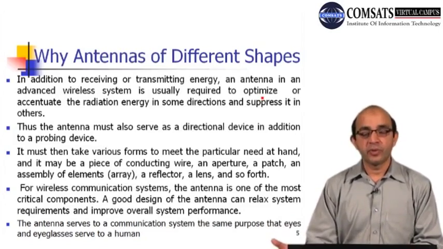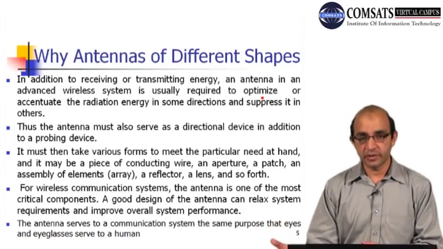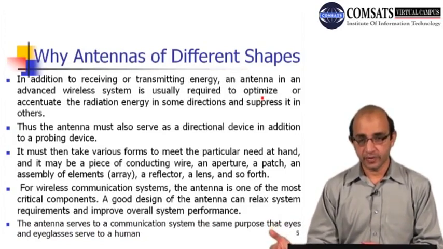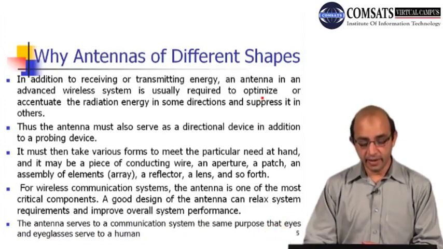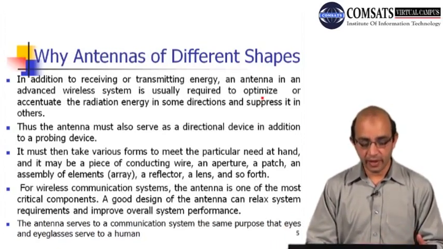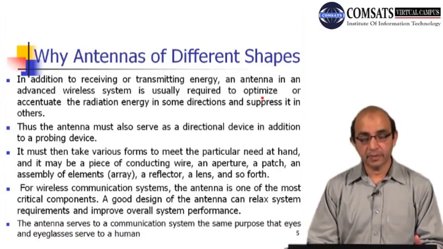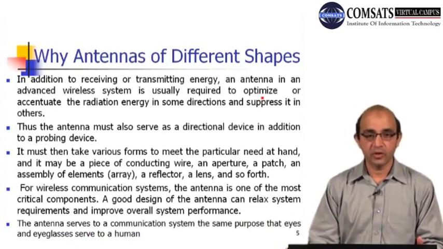Whenever we talk about wireless communication systems, mobile communication systems, or satellite communication systems, the antenna plays a very critical and vital role. You can say that the antenna serves a communication system the same purpose that eyes and eyeglasses serve a human being.